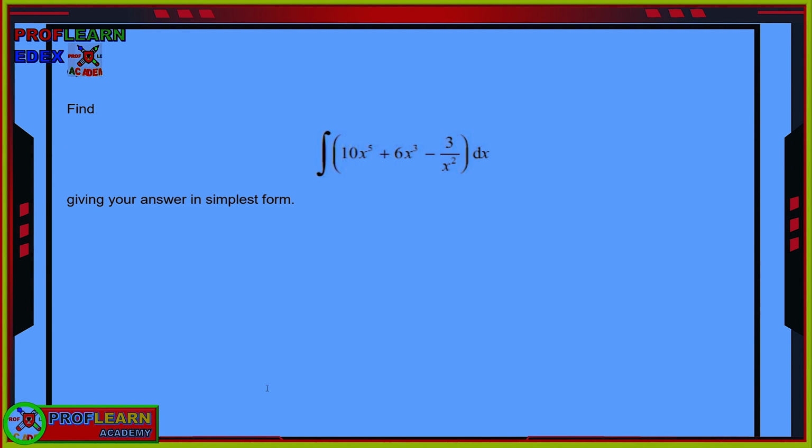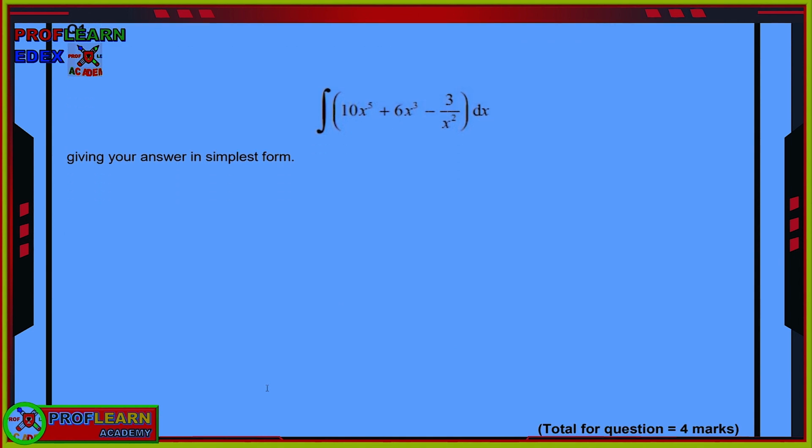So the first topic that you need to know is how to integrate expressions like these ones. Remember, when you are integrating an expression like this one, you need to increase the power by 1 and divide by that new power. So the second term will be equivalent to 6x^(3+1), and everything will divide by 3+1.